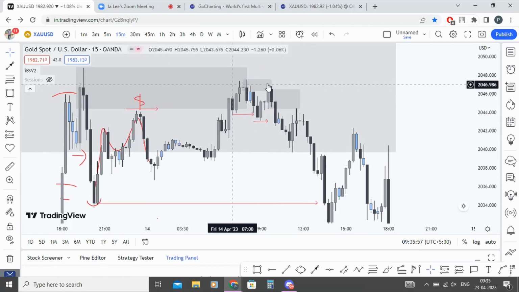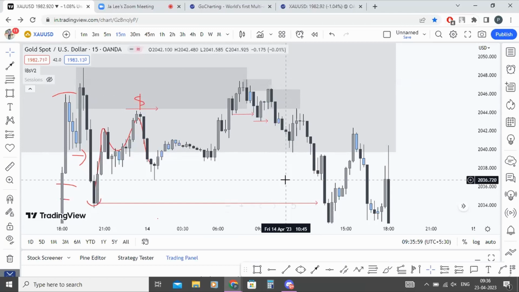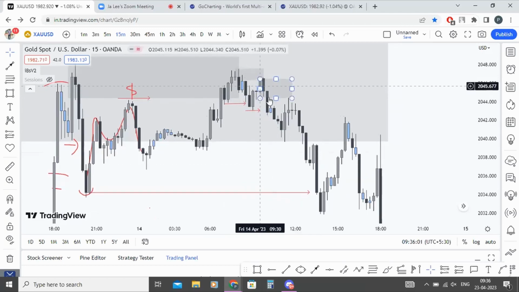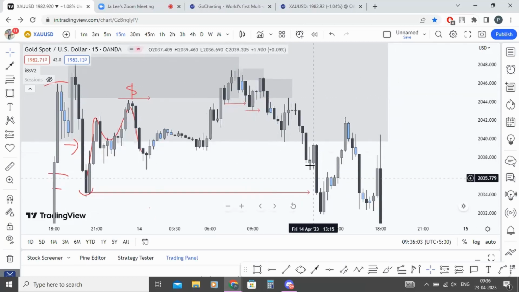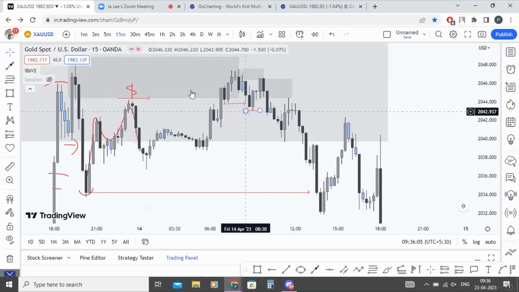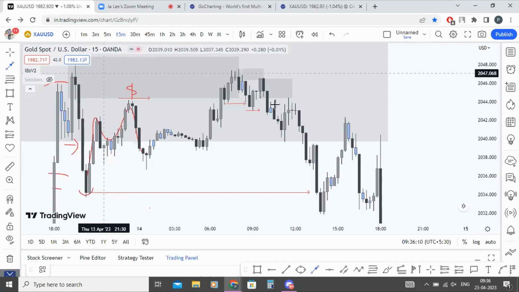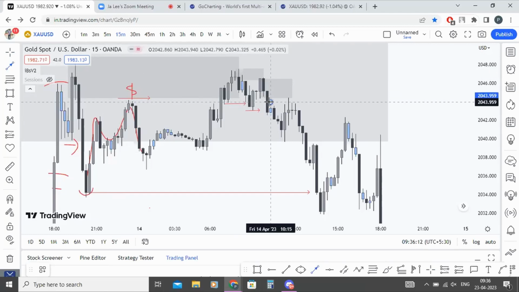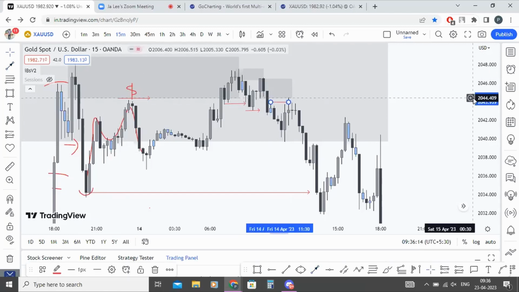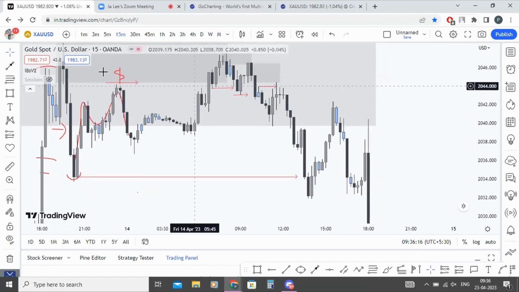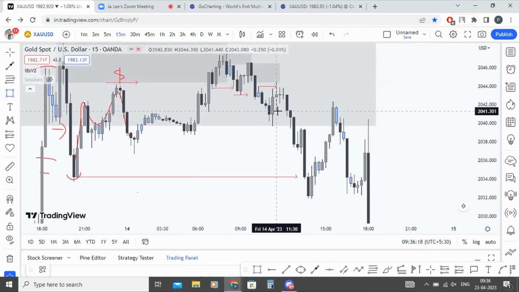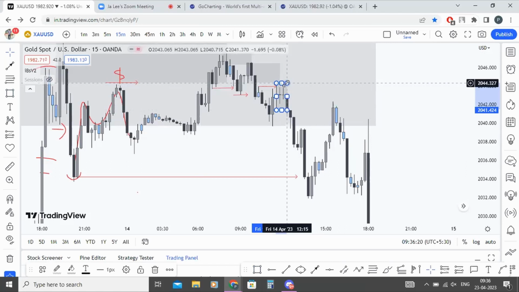So one supply here, second here, third here, holding. And now we need some kind of liquidation in this area for our POI. So I mark this as a liquidation and this as a 15M POI, this candle right there.